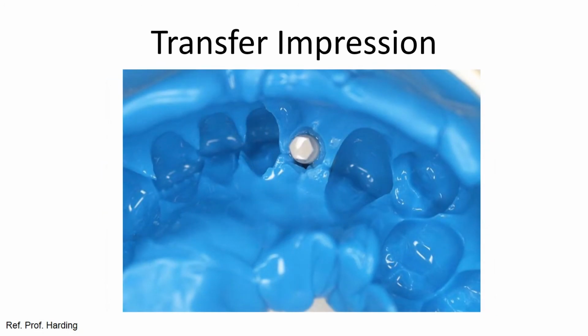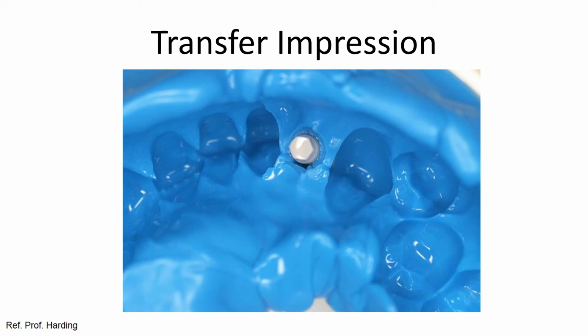When we remove the transfer impression from the mouth, it's important to check that the transfer component is securely retained within the impression, and depending on the protocol being used, sometimes it's permissible to reinsert the component and sometimes it isn't.